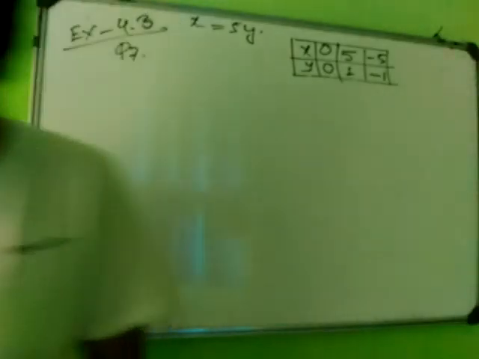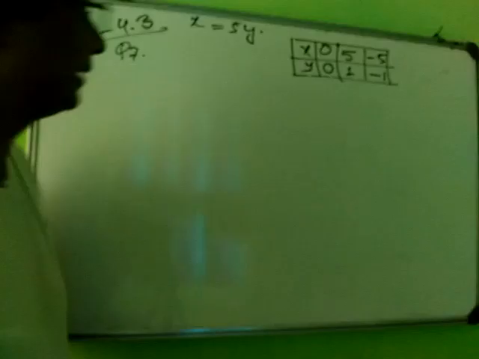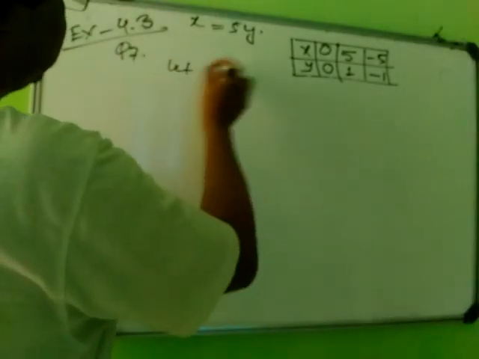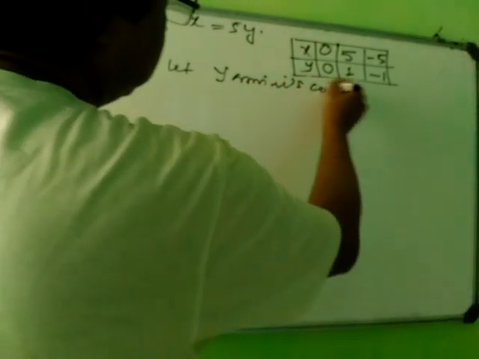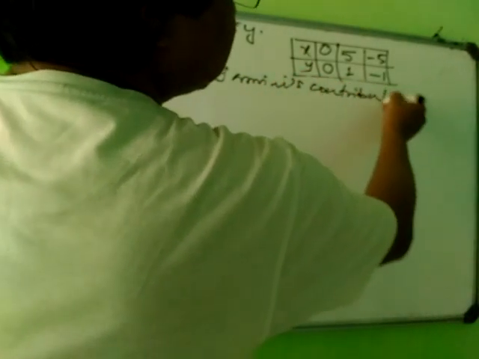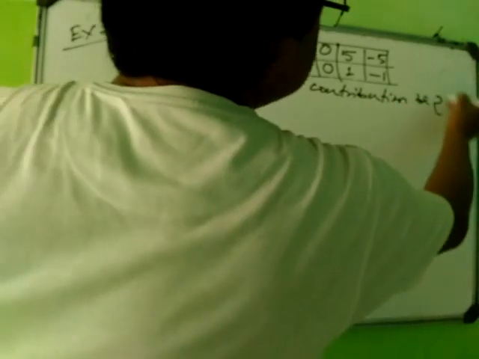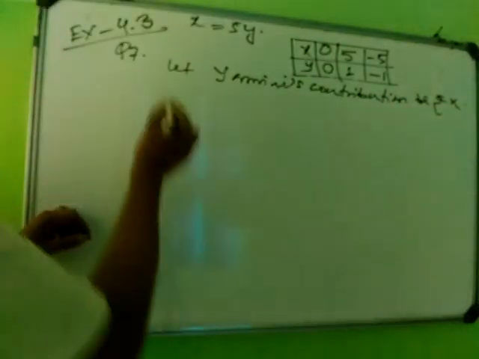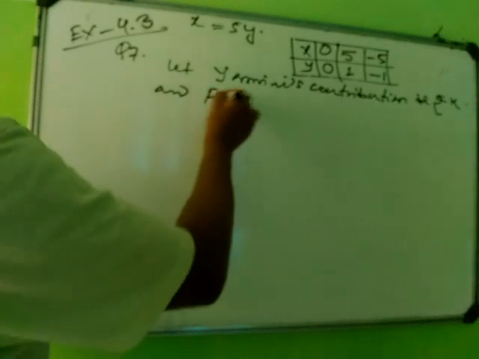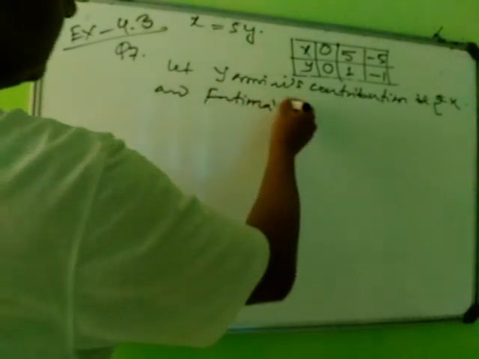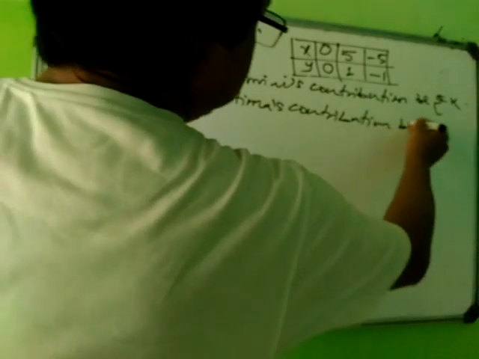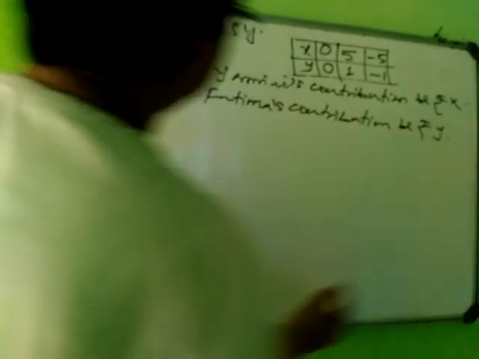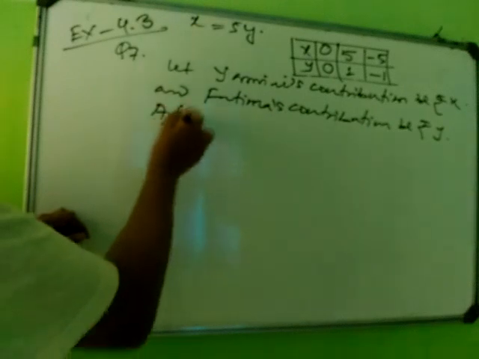So you take their contributions as X and Y. Let Yamini's contribution be rupees X and Fatima's contribution be rupees Y, according to the question.